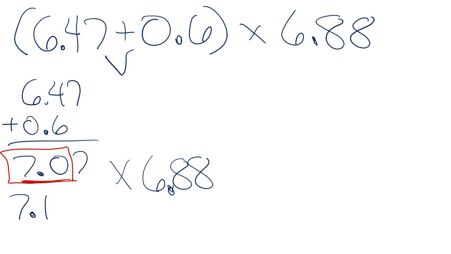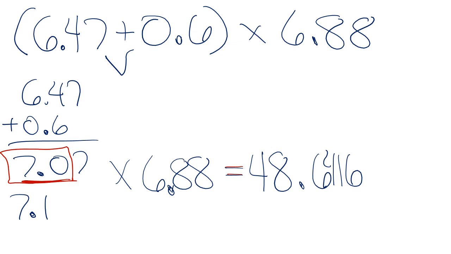So we're going to multiply 7.07 times 6.88, and we're going to get 48.6416. Even though we multiplied by 7.07, we're only going to have 2 sig figs in the final answer because we only care about that 7.1.